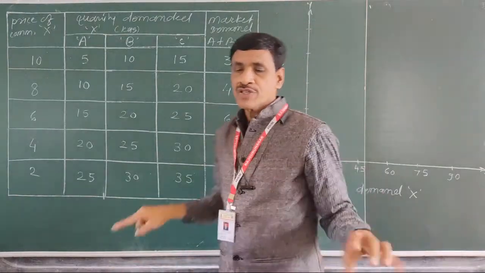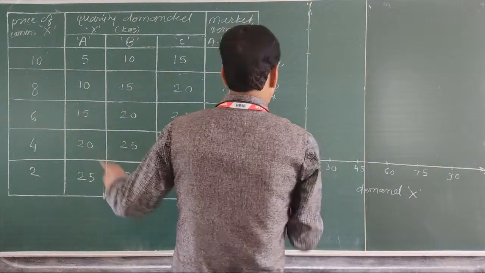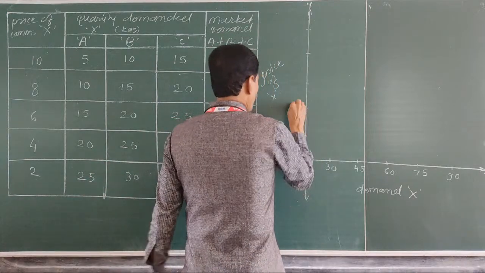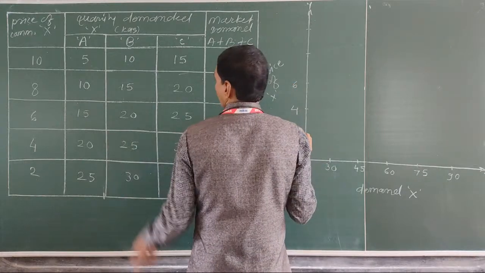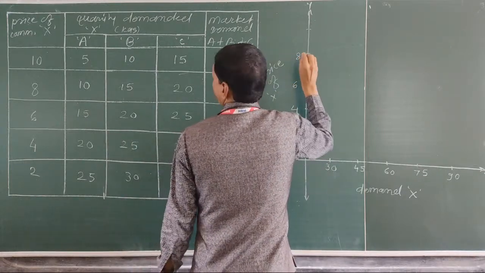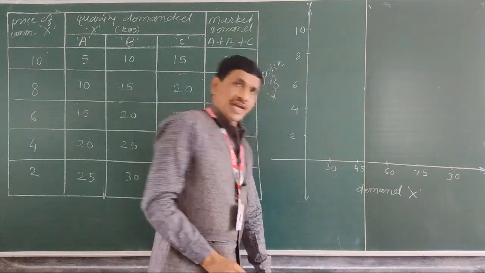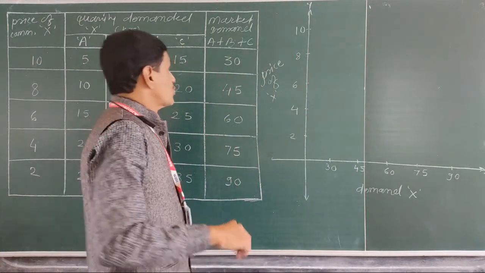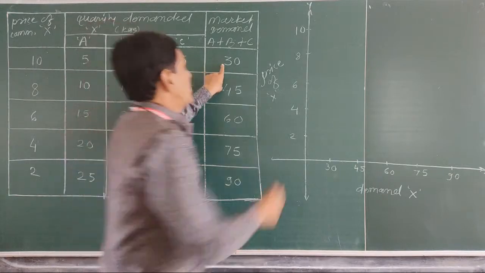Okay, so look at that, 2, 4, 6, price of commodity, okay, 8 and 10. Okay, so 10, 30. Look at that.